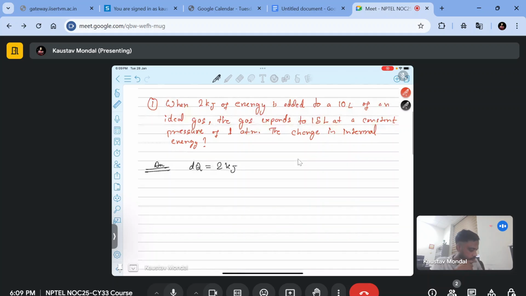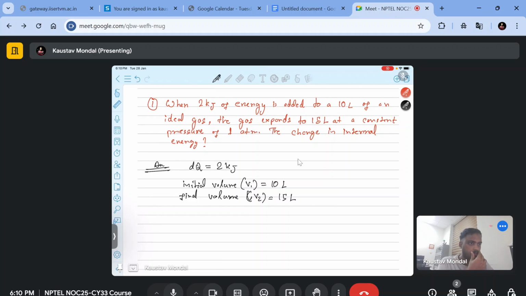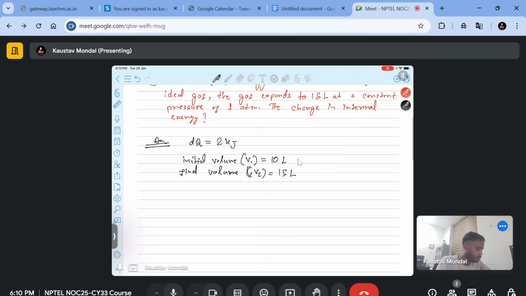The initial volume V1 is 10 liter, and final volume V2 is 15 liter. So dq is given, V1 and V2 are also given.